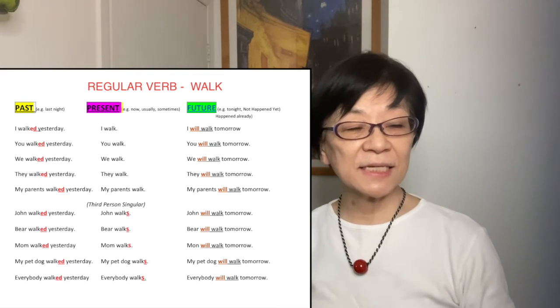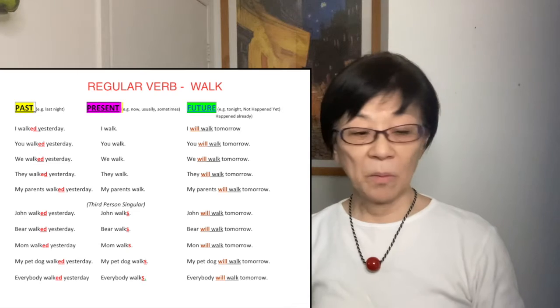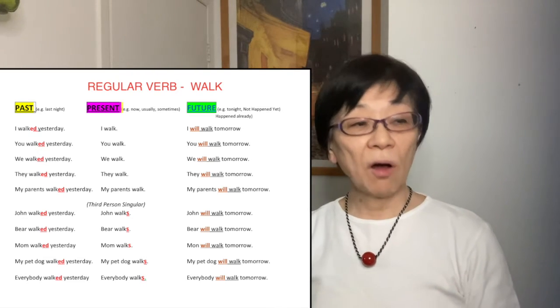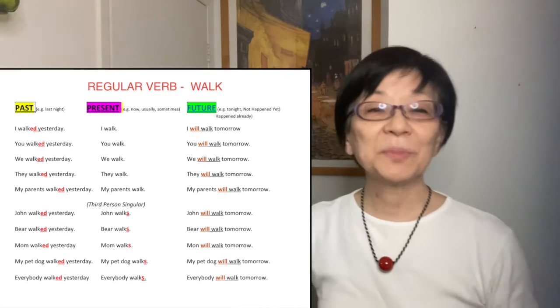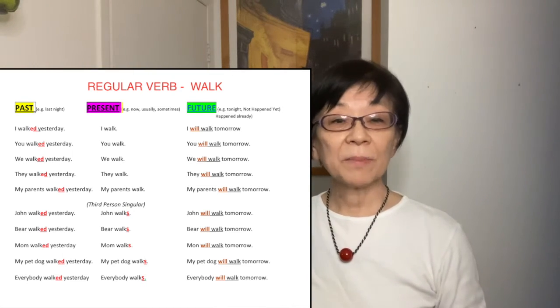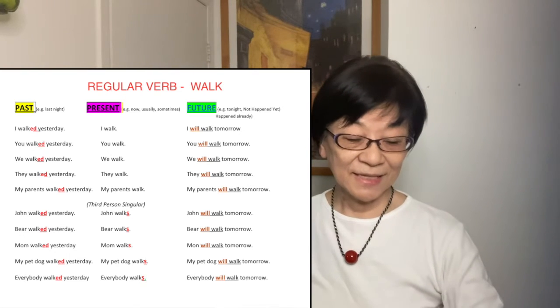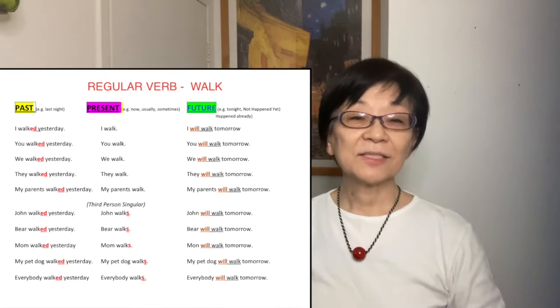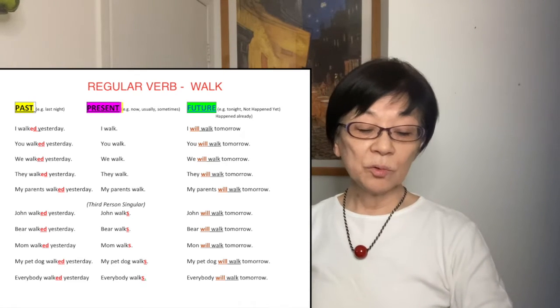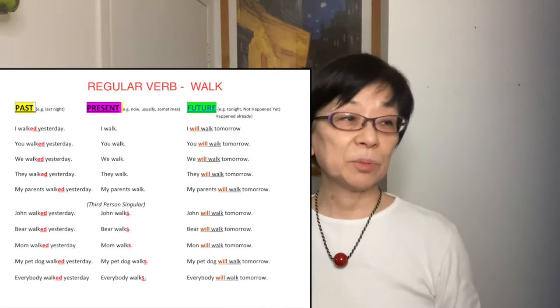Is there any S anywhere? No. You don't have to worry about the third person singular at all. Third person singular applies only for the present tense, right? So it's a he, she, it, anything other than I, you, we, they, any plurals.